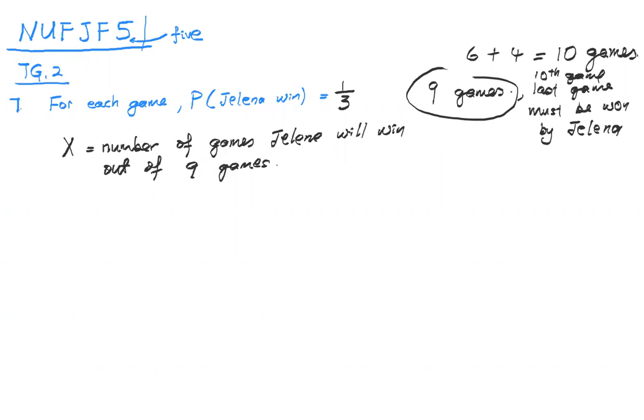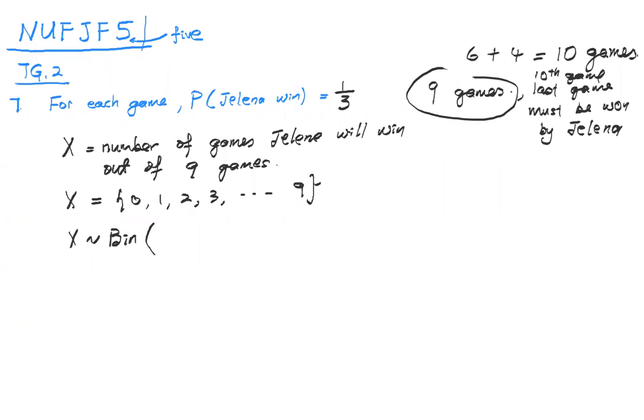Okay, so the possible values for X will be 0, 1, 2, 3, until 9. So X is a binomial distribution. The reason is because for every game, there are only 2 possible outcomes. The success is Jelena win, and the failure is Jelena lose the game.